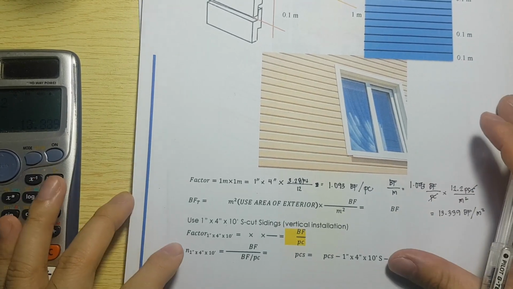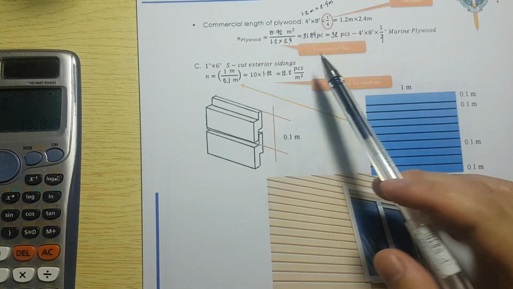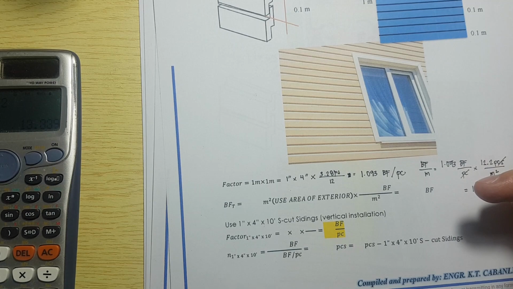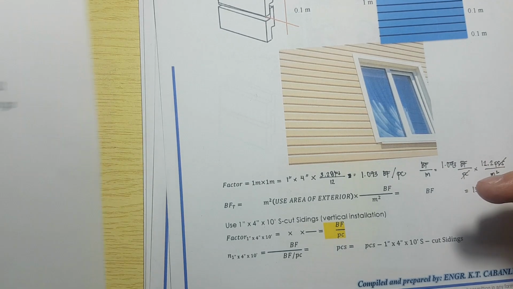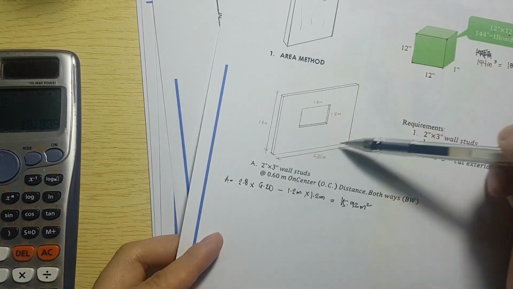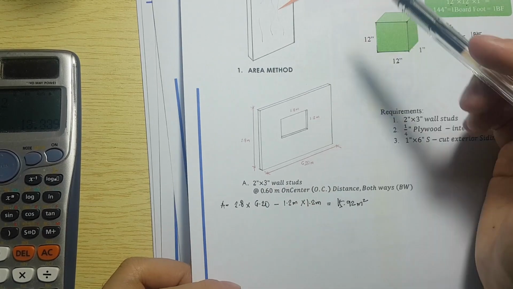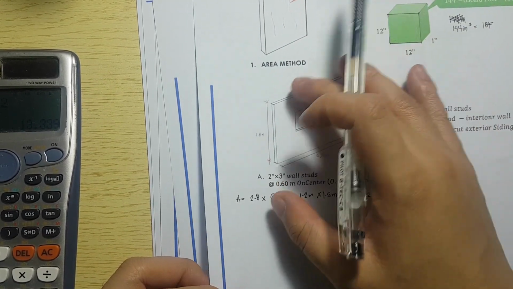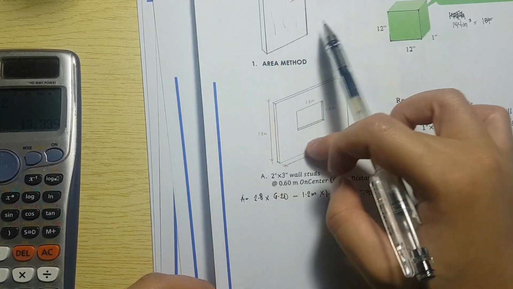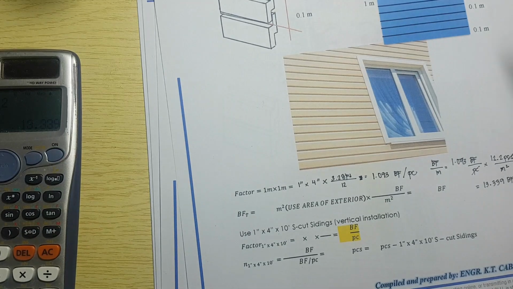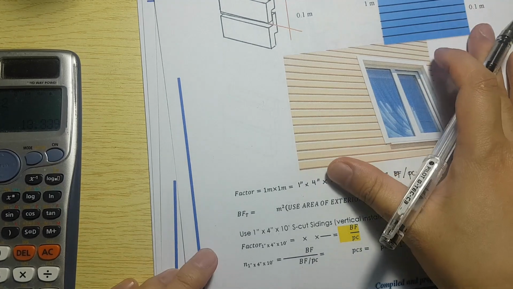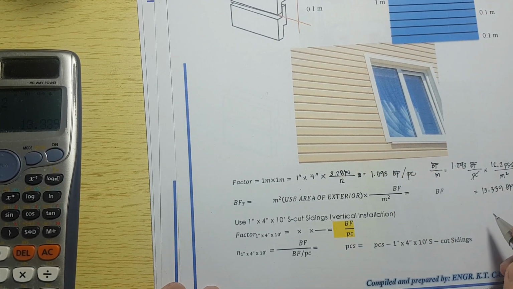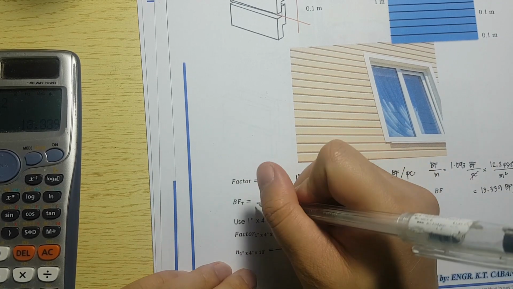Okay, so what is our area? Our area, take note, binigay kasi, we were given one side lang, no? We were given one side, so we are just going to use this. But if we have an interior and exterior, we need to solve for the exterior because the area exterior is different from the area interior. So since we do not have any other given, we use the area interior, and that is equivalent to 15.92.